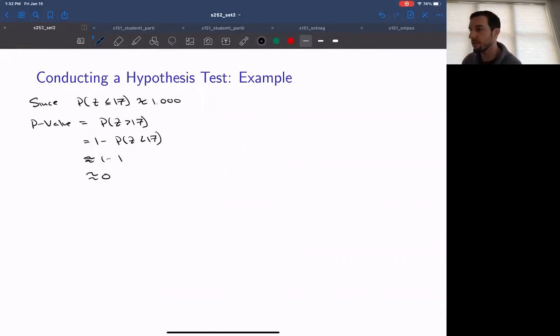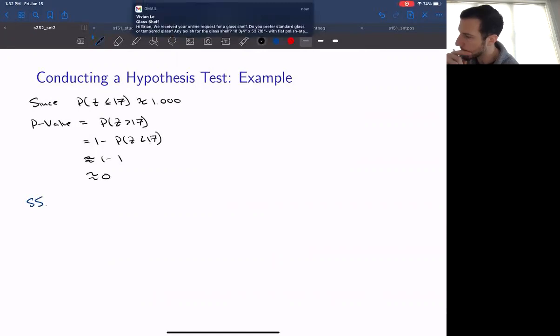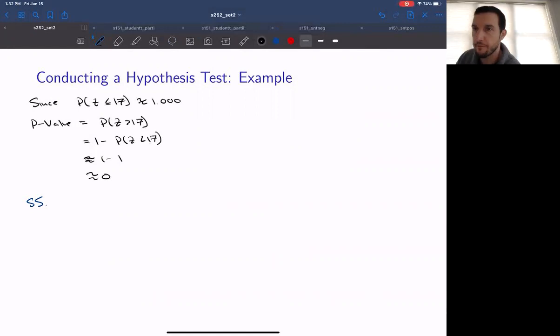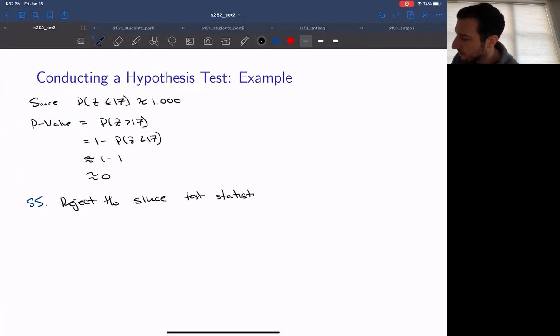So the p-value for this particular test is approximately equal to 0. So therefore, on step 5, we would say reject H0 since the test statistic is in the rejection region.